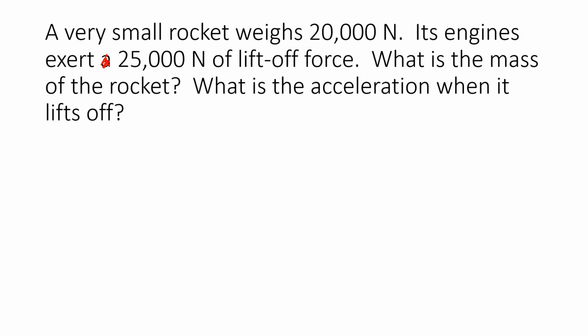So let's do a free body diagram. At a rocket, we know the rocket has the force of gravity pulling it down, and we know that the engines will provide a certain amount of thrust. So in our summation equation, we have the force of thrust minus the force of gravity.